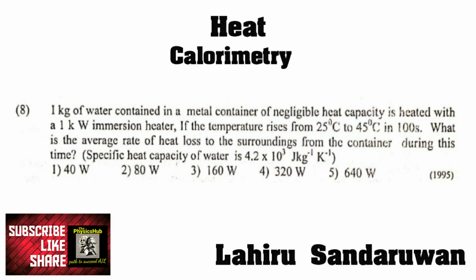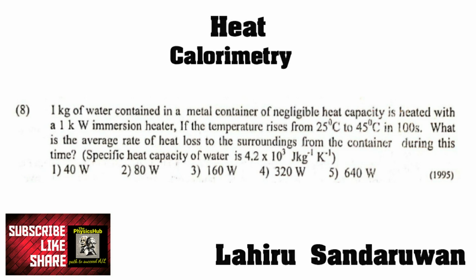1 kilogram of water contained in a metal container of negligible heat capacity is heated with a 1 kilowatt immersion heater. If the temperature rises from 25 degrees Celsius to 45 degrees Celsius in 100 seconds, what is the average rate of heat loss to the surroundings from the container during this time?